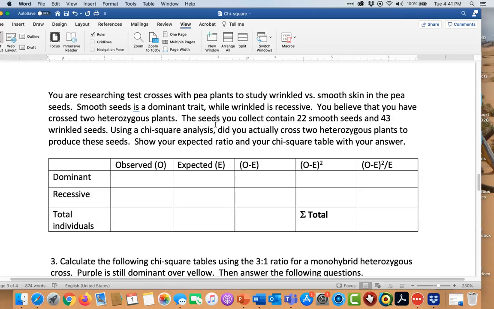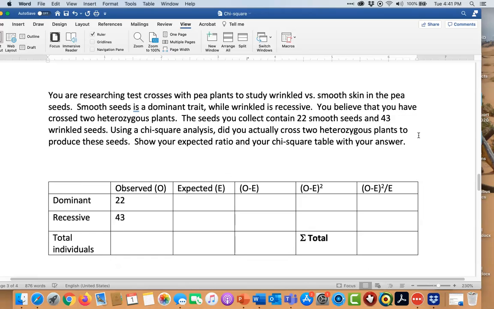Seeds that were collected have 22 smooth seeds, so we know that one is the dominant, and 43 wrinkled seeds. So that one we know is the recessive. Now we want to know, using chi-square, do we actually have two heterozygous plants producing these seeds? So 2 heterozygous, because we just did 2 heterozygous in the one before, we know that that ratio is 3 to 1.